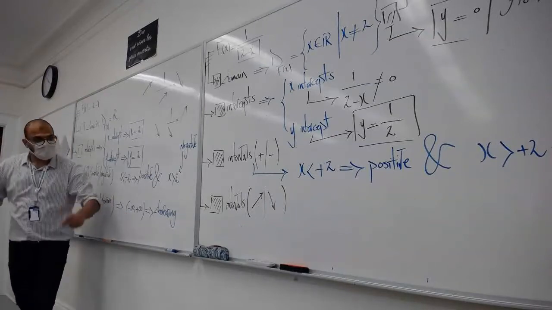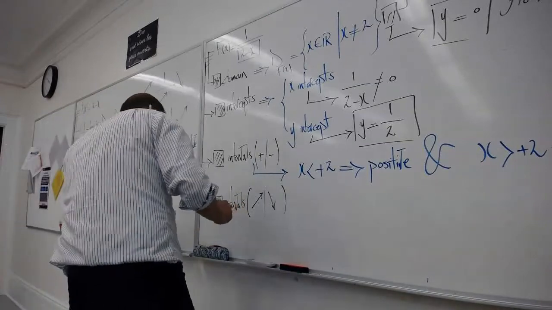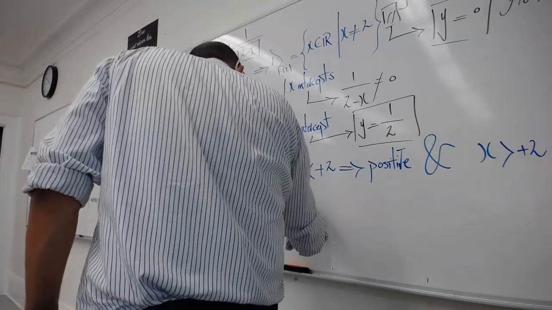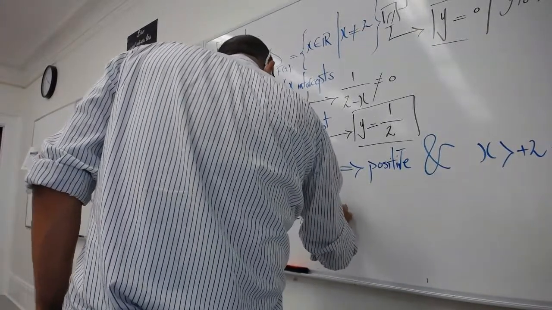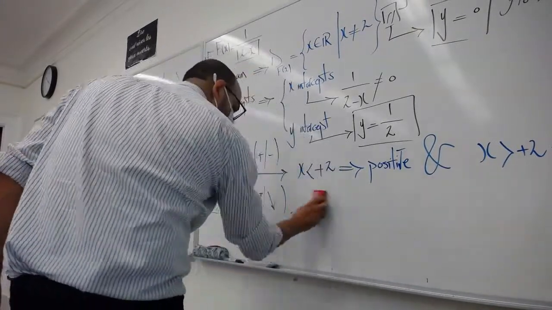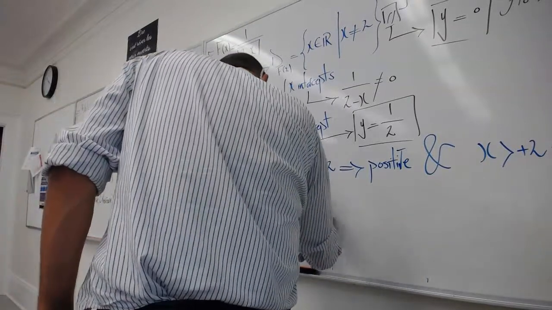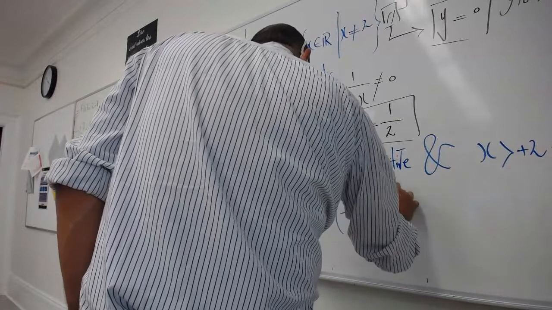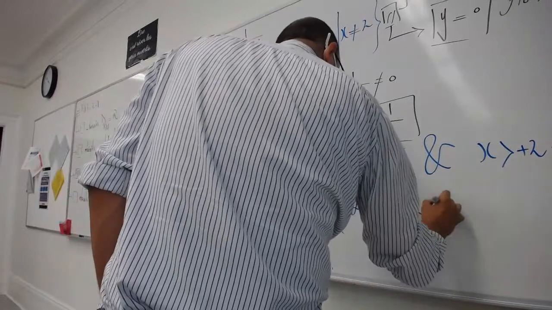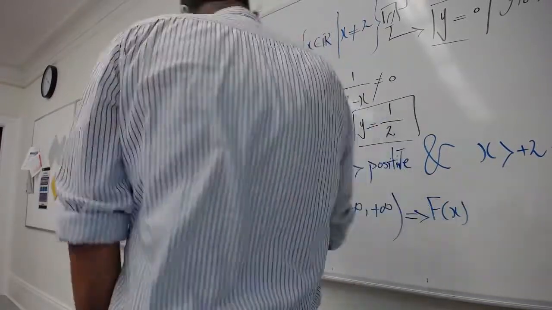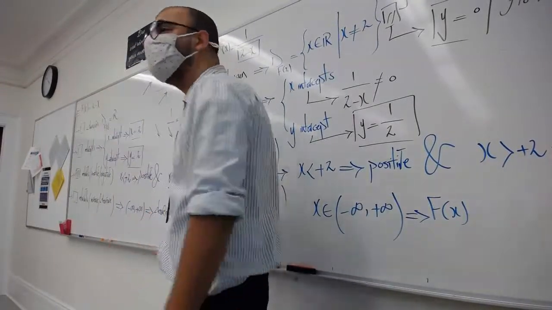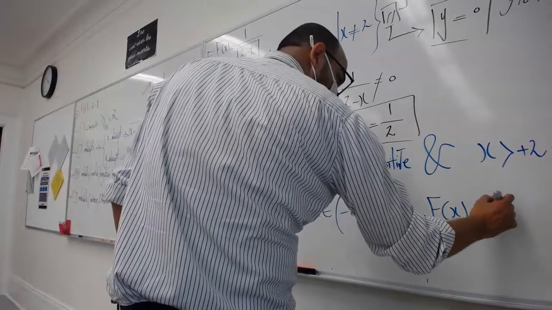Increasing. Then it means that I copy-paste it from here, and it means that x belonging to minus infinity to plus infinity, f of x is what? It was decreasing here. You flip it, becomes what? Increasing. Excellent.